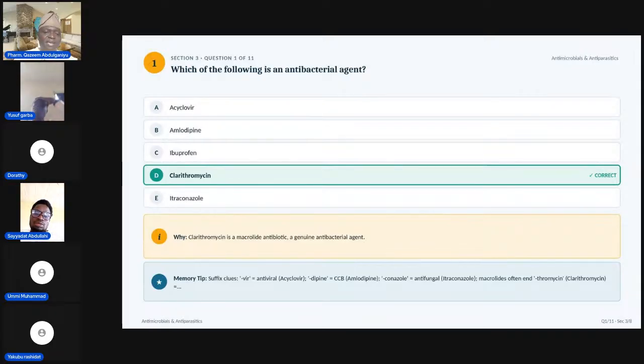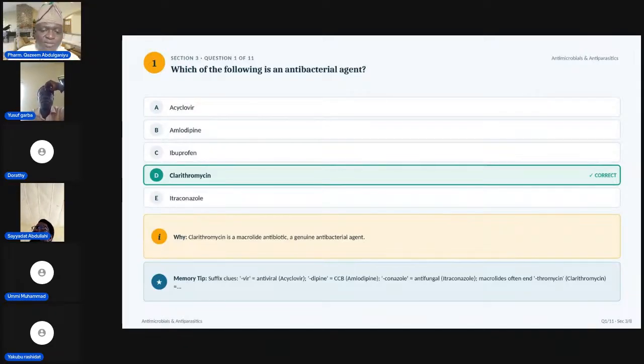Ibuprofen, we all know that it is an analgesic, so it is not an antibacterial agent. Clarithromycin is an antibacterial agent that is used alongside other medication in triple therapy for peptic ulcer, right? So it is to take care of Helicobacter pylori, a bacterium. Itraconazole sounds like fluconazole, right? It sounds like ketoconazole. So it is an antifungal agent, right?